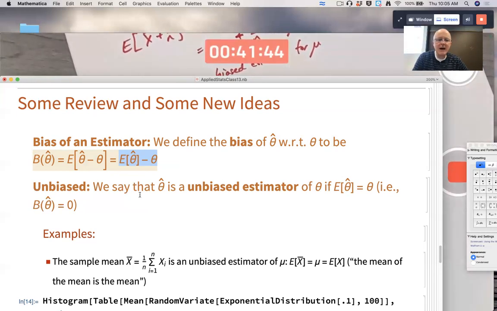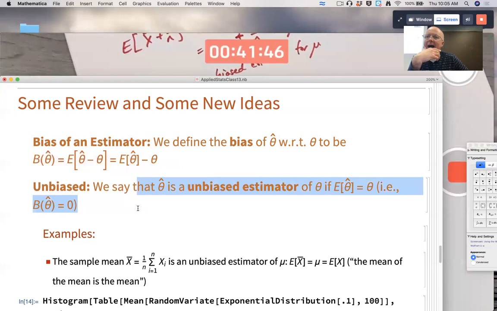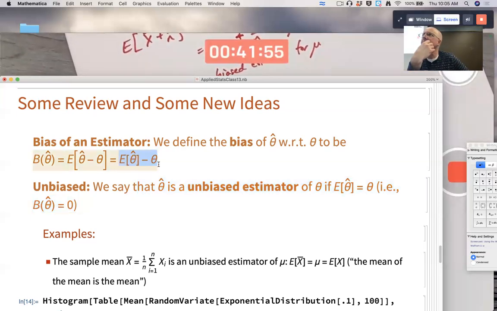In the case of an unbiased estimator, the bias is 0. If the bias is positive, then theta hat will tend to overestimate theta over many, many samples. And if the bias is negative, then theta hat will tend to underestimate theta.